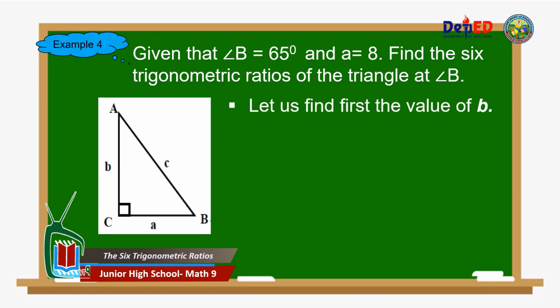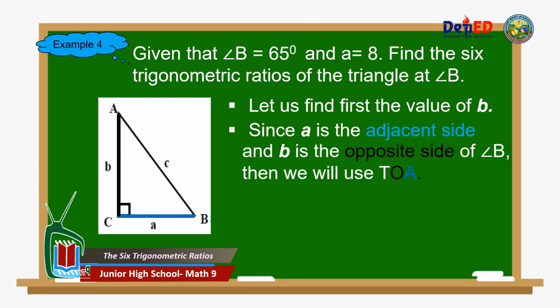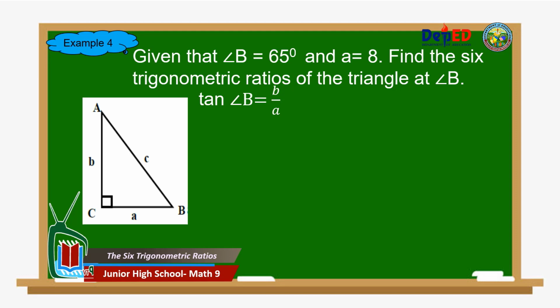Let us first find the value of B, or the measure of side B. Since A is the adjacent side and B is the opposite side of angle B, then we will use TOA, or that is simply tangent of angle B is equal to side B all over side A. Substituting the values, we have tangent of 65 equals B all over 8.